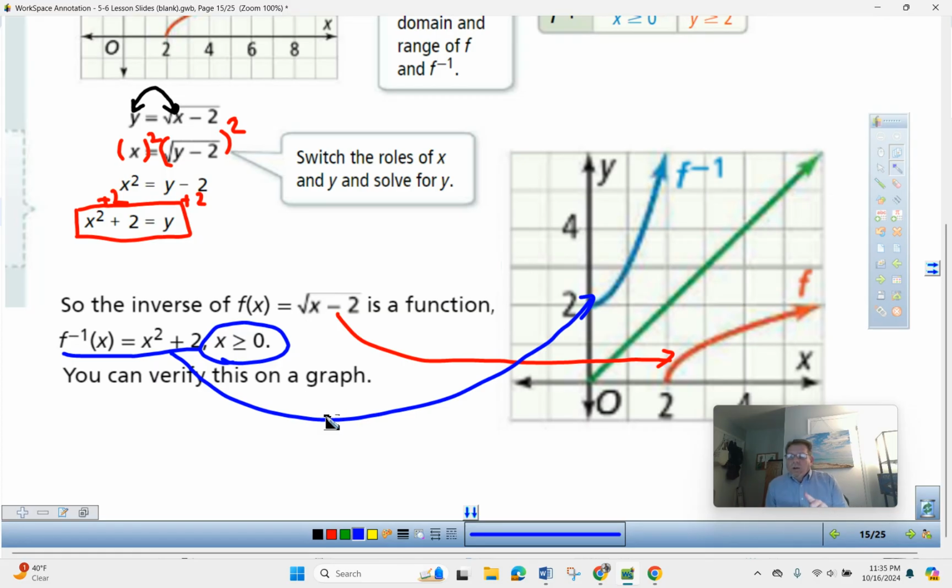So number one, you can find an inverse algebraically by switching x and y, and then generally they want you to solve for y. But you also can determine if two things are inverses by using a graph like this to check it. Now, the graph is not going to create the equation, okay?